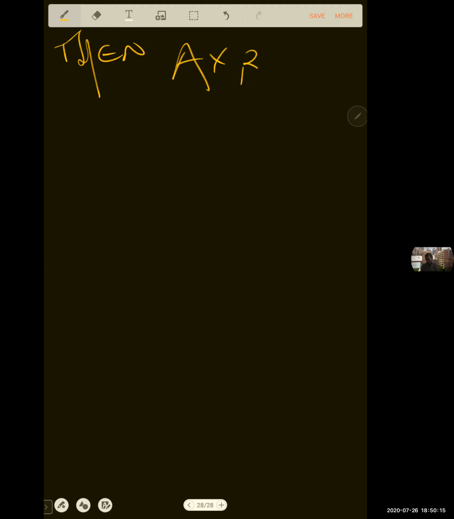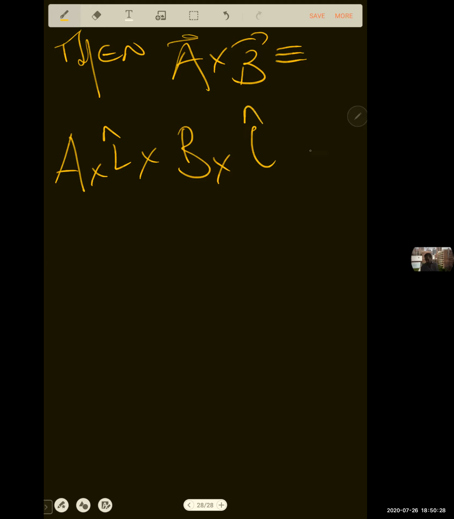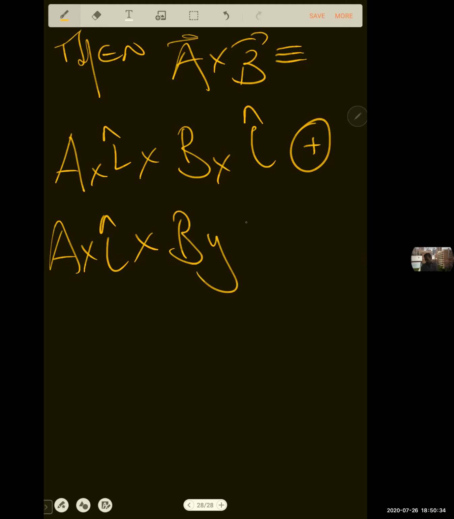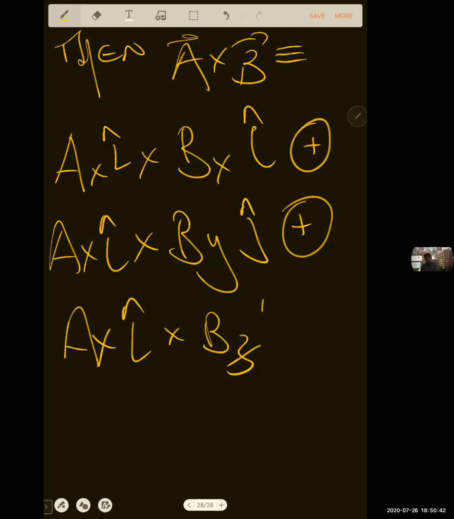A cross B must equal, going term by term until I see a pattern: A_x i hat cross B_x i hat plus A_x i hat cross B_y j hat plus A_x i hat cross B_z k hat, et cetera, all these 9 terms.